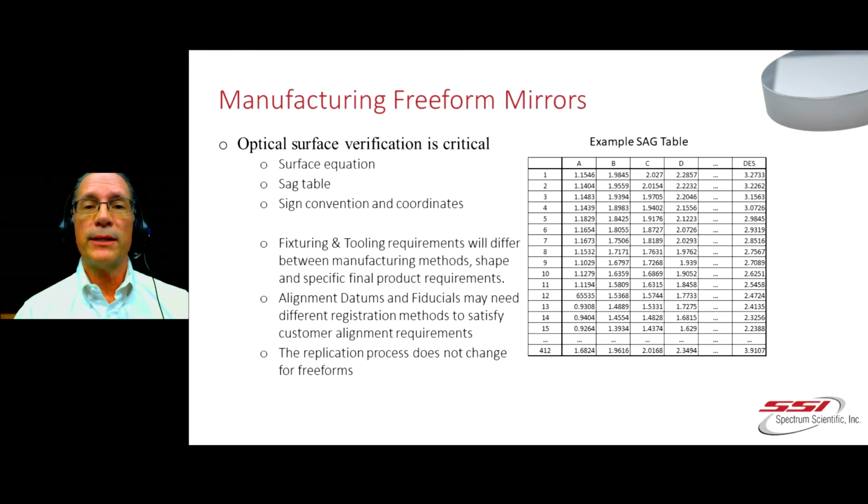So we like to take the surface equation, generate our own sag table, get back to the customer, and make sure it matches. And if we have a vendor that's making a part for this, we have them generate their own sag table. This method of independent verification was adopted after a few mistakes had occurred, and thank goodness we caught them in time.